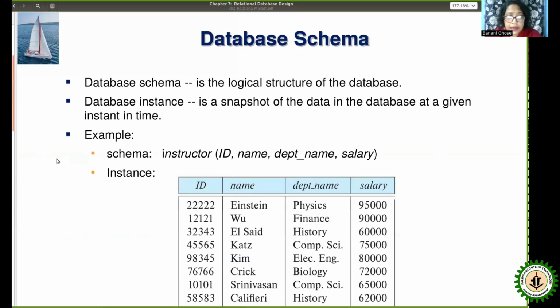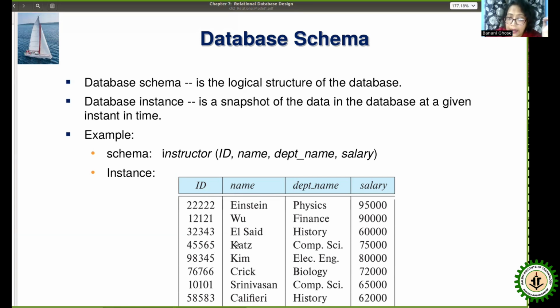Now, coming to this particular example, you can see that for the ID field, each and every tuple is having a unique value for it. So, with the help of this ID, you are identifying a particular instructor who is working in a specific department and who is earning this much salary. So, a particular instructor from among the group of instructors can be identified by the ID. Now take the ID and the name together. So think about 45565.